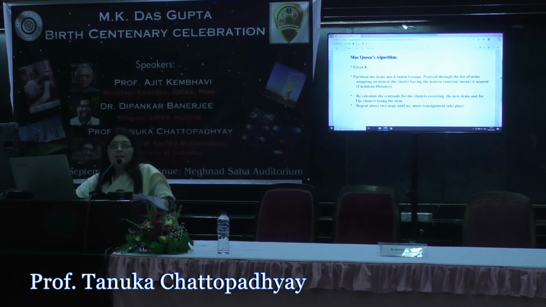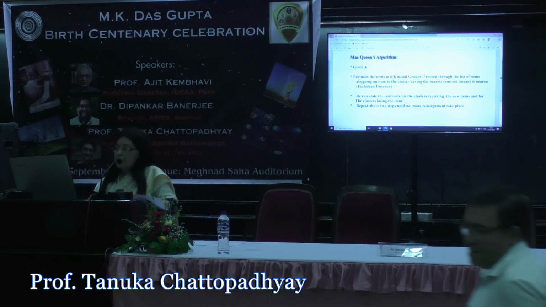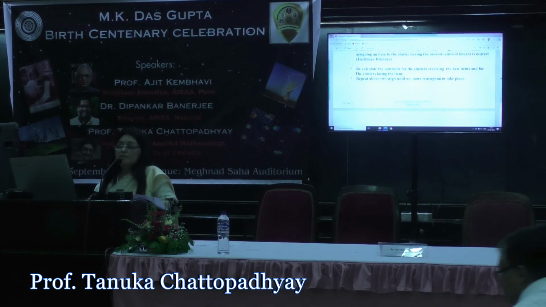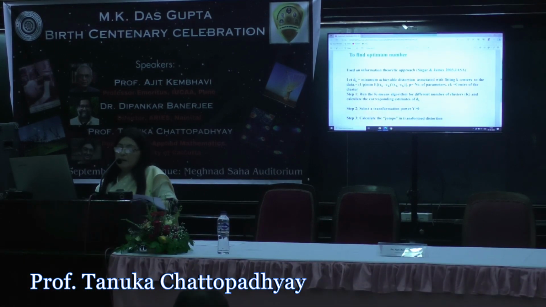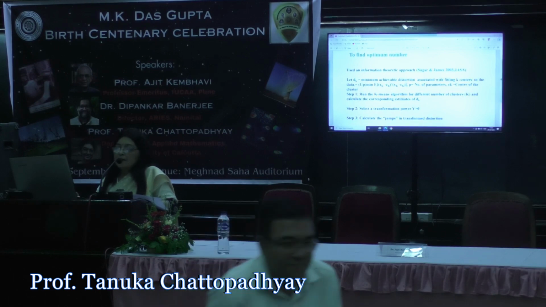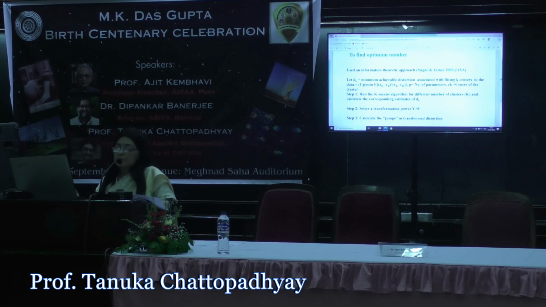In this way the iteration goes on, and ultimately there is convergence and you get the coherent groups. Now you study the different properties of the groups. You can use the two-point relation to find the physical interpretation.